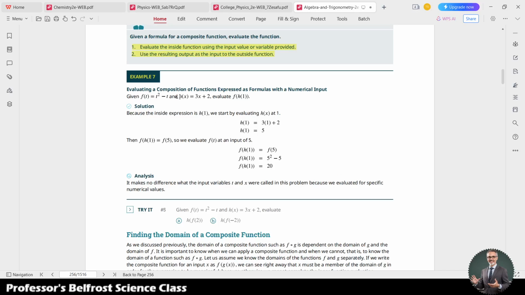First, start from evaluating h(1). It means that you substitute x with 1, so 3 times 1 plus 2 is 5. And then f(5), so you substitute 5 squared minus 5, it is 5 times 5 minus 1, right? It means 20. Done.